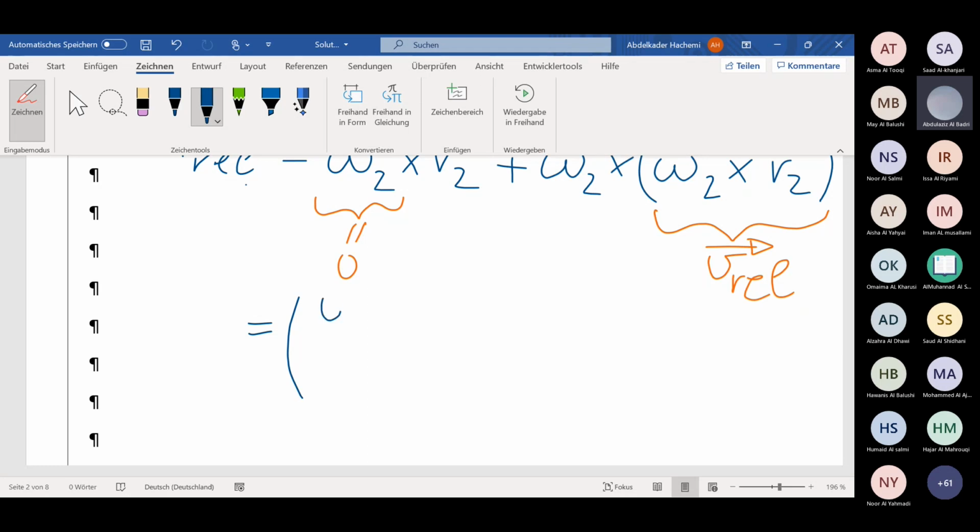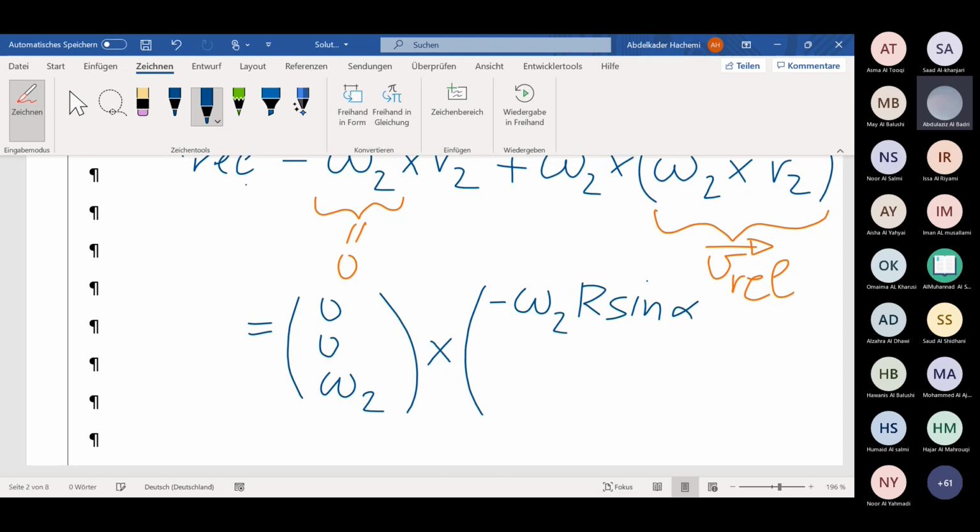Then we have here 0, 0, and omega 2, okay, cross the relative velocity, and for the relative we found that it's minus omega 2 r sine alpha, omega 2 r cosine alpha, and the third component is equal to 0.